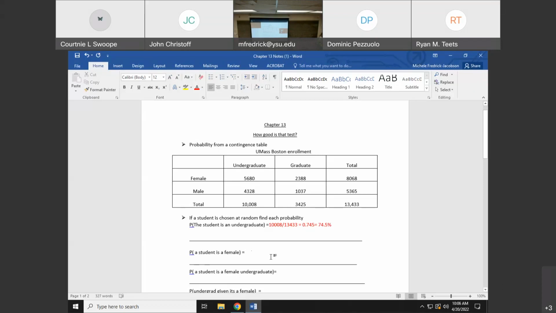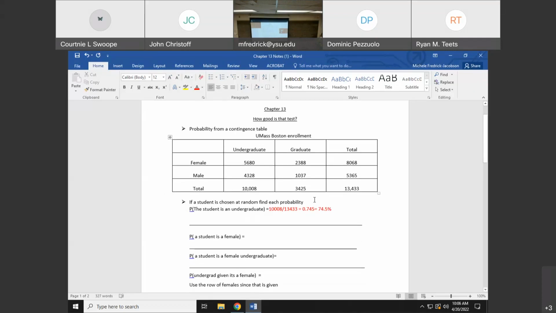The probability a student is a female. So what would our fraction be? Anyone? Well, we know we're dividing by 13,433. What should be on the top? Because you want the total number of females. So we have 13,433 people. We're going to pull one out. What is the probability it's a female? Well, we would go across because we want undergraduates and graduates, so it'd be the total, 8,068, divided by the total.